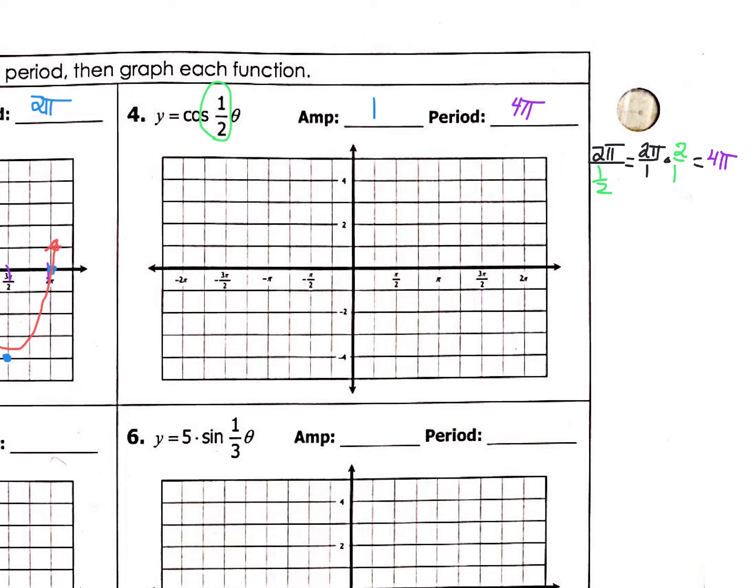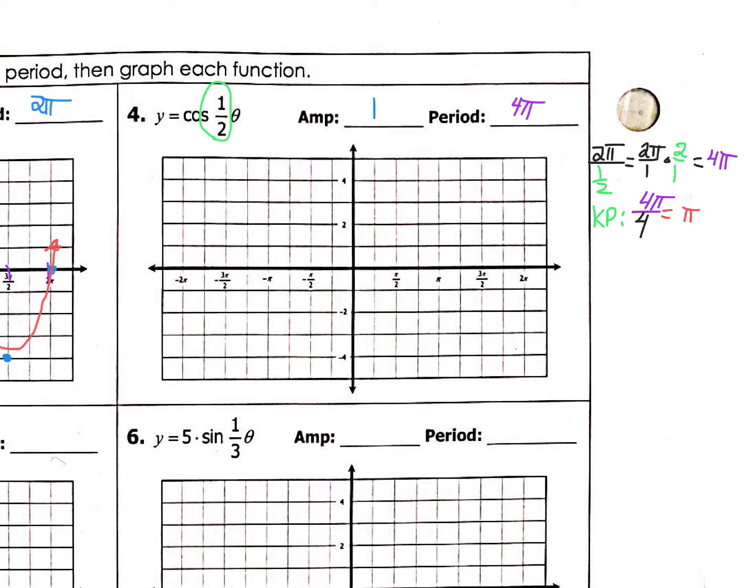So before I can graph, I have to find my key points. So let's find our key points. So KP, we're going to take that new period of 4 pi. So we always take the period and divide it by 4, always 4. So in our case, we are going to be counting by pi.